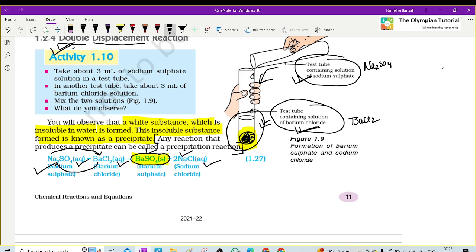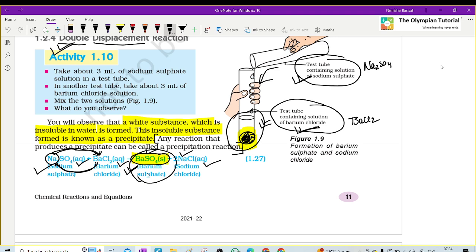In double displacement reaction, we have seen two elements are displaced, like here, sodium with barium and barium with sodium. So what happened? A white substance which is insoluble in water is also formed and it is known as precipitate. So this reaction in which precipitate is also formed is known as precipitation reaction.